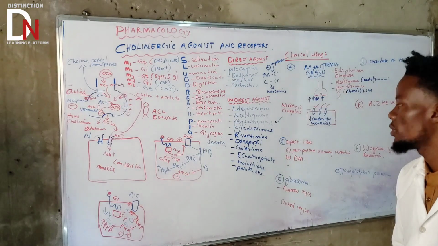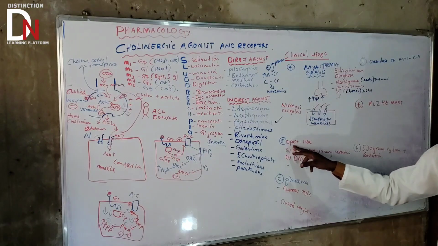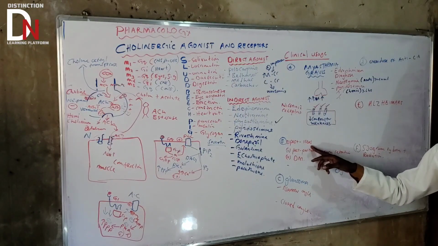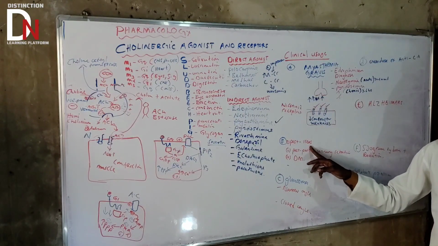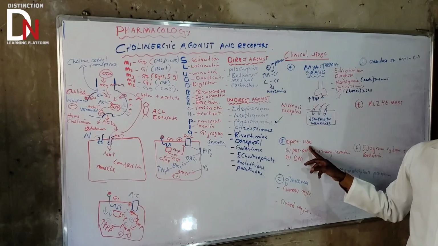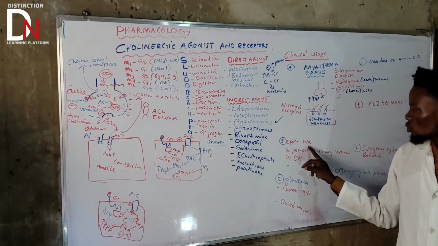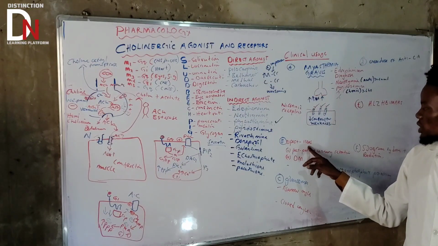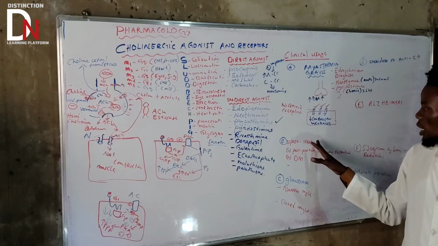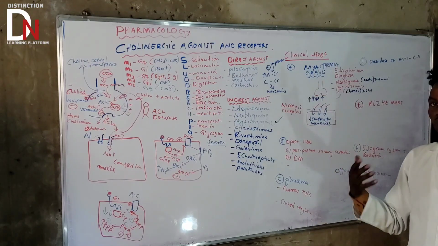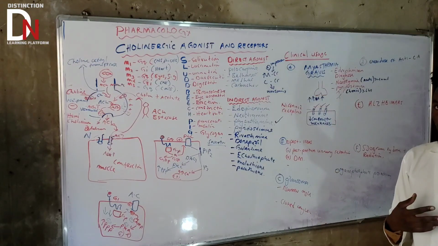Another clinical feature: postoperative ileus. Basically after an operation, there is decreased GI motility, due to maybe some operation that was done. What type of drug can you give?